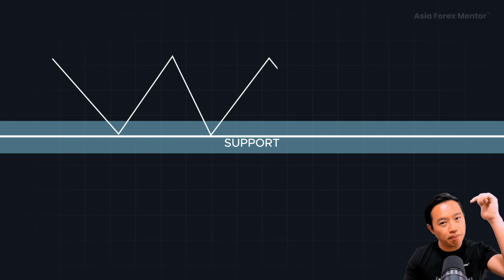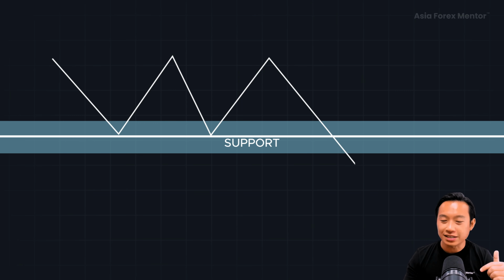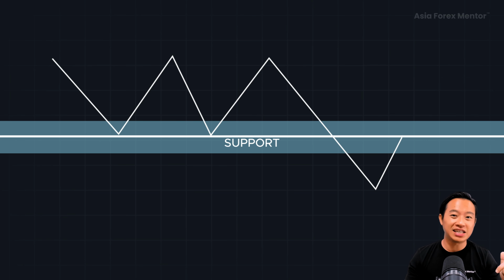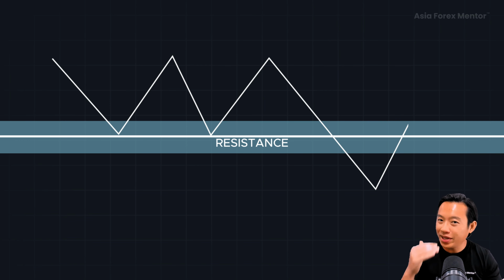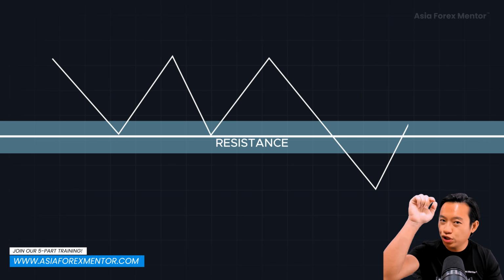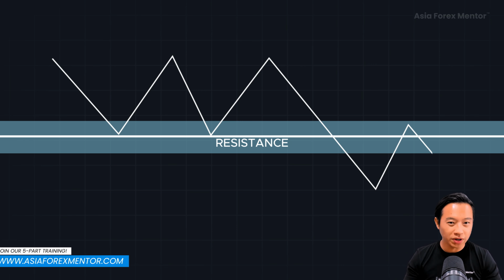Instead, it broke below the support. So this was the previous area of support, and now when price returns to it, it acts as a resistance. This is where we can anticipate selling pressure to come in and push the price lower.